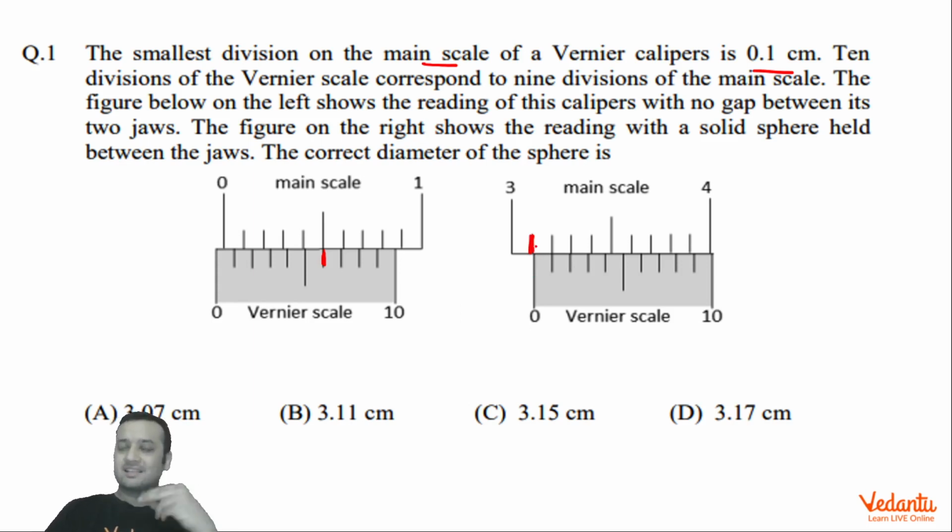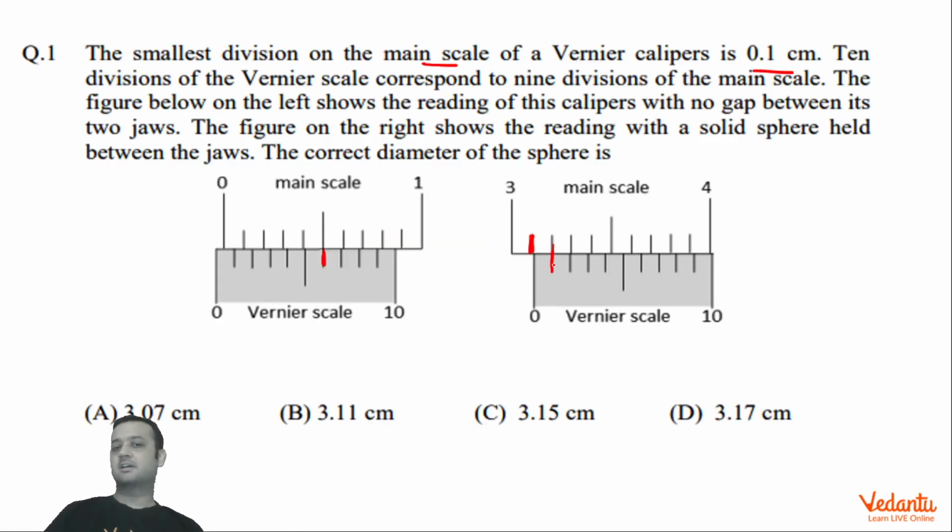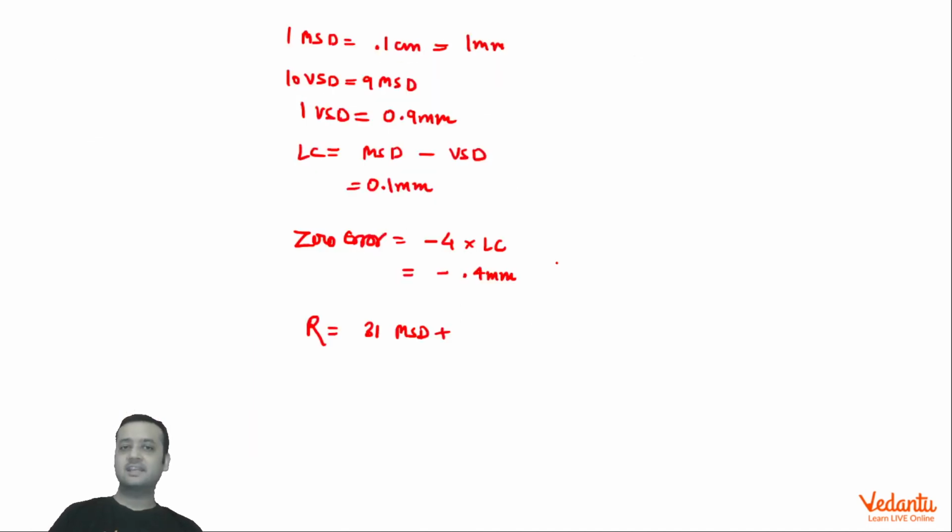So the reading on the main scale will become 31, okay, and you can see the first reading of the vernier scale coincides with the main scale, right? So the reading will become 31 main scale divisions plus 1 into least count, because the first reading of the vernier scale coincides with the main scale.